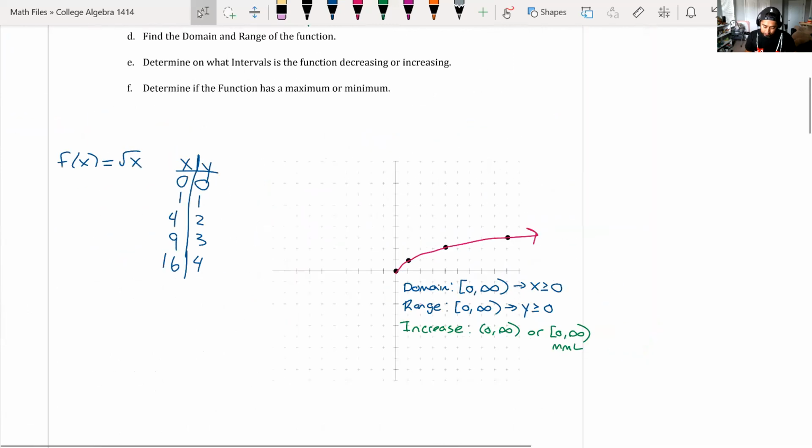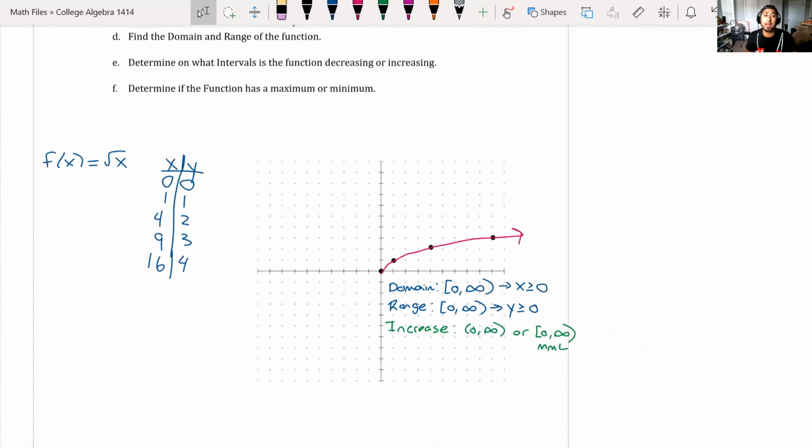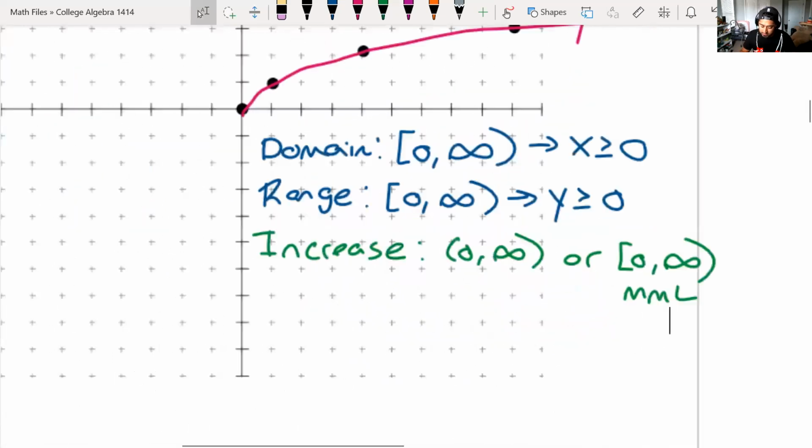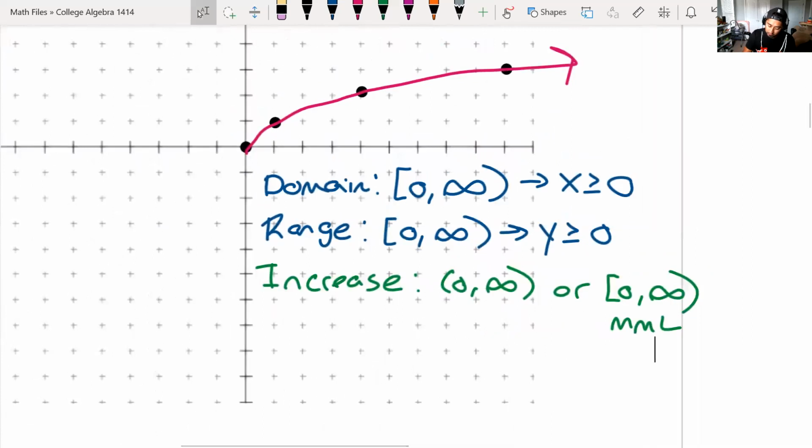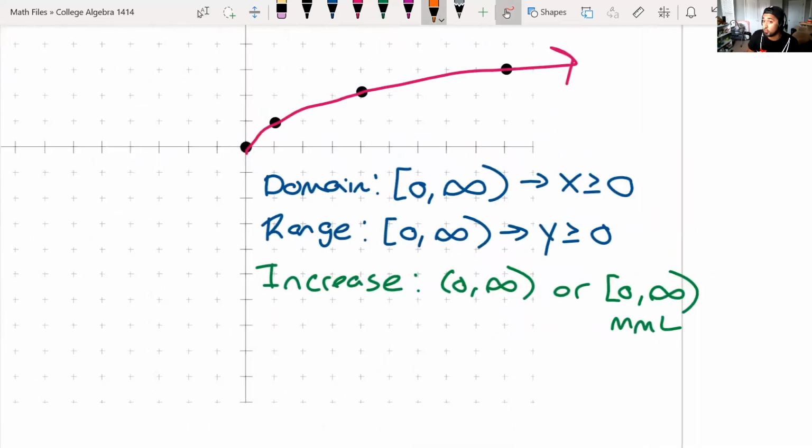All right. And then last one is, does it have a maximum or minimum? All right. So last part, look at it again. Looking at the graph, it starts at 0, 0. So 0, 0 is the lowest point of the graph, which means we have a minimum at 0, 0.